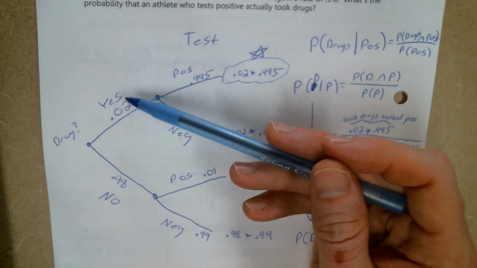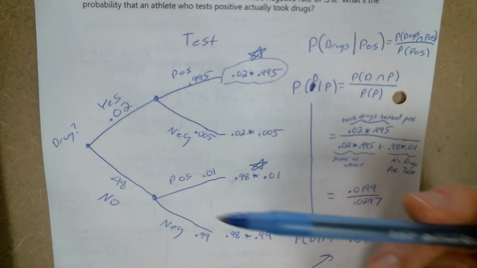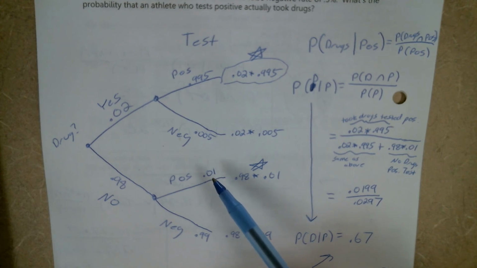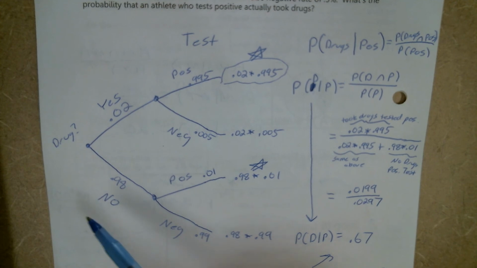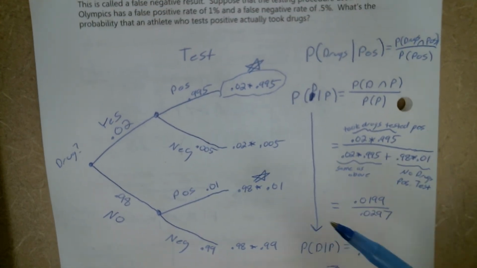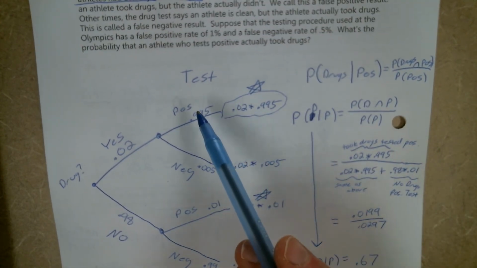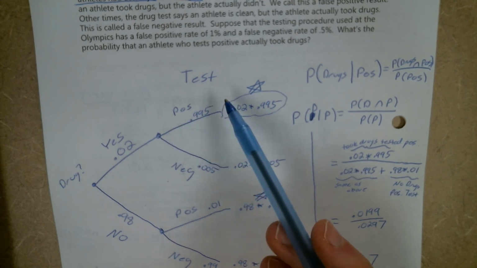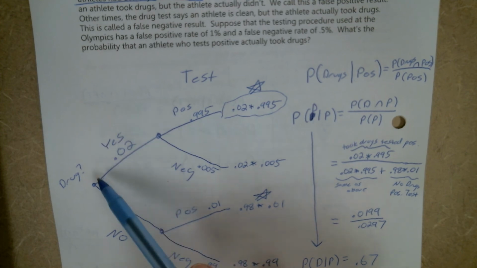Only 2% of the people took drugs. So even though there's a really tiny chance of getting this false positive, it's a tiny chance on a much bigger group of people. So it ends up making up a pretty significant portion of this group, almost 1/3 of it. Yes, this is really high, but it's a really high proportion of a much smaller group.